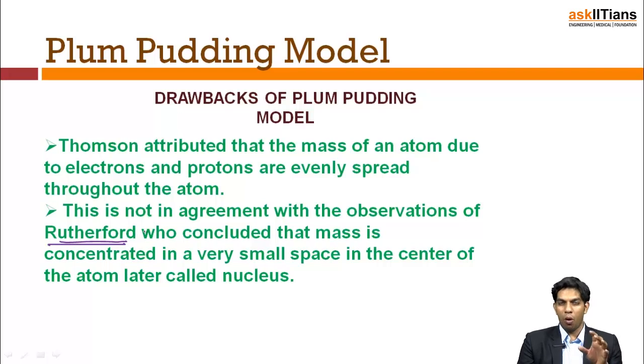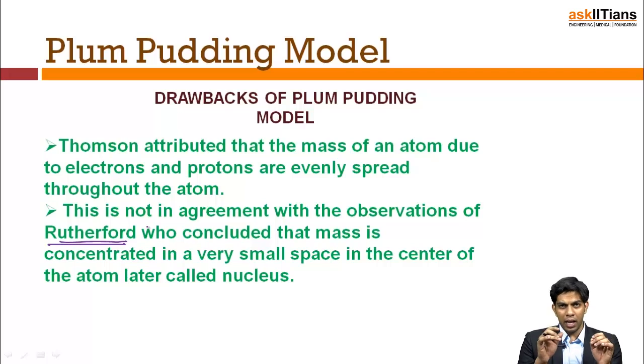We'll discuss Rutherford's experiment, but please keep in mind that the crux of the model, the heart of the model, that it's solid, everything is distributed, there are no spaces, no gaps, no voids, was shattered by Rutherford's observation.